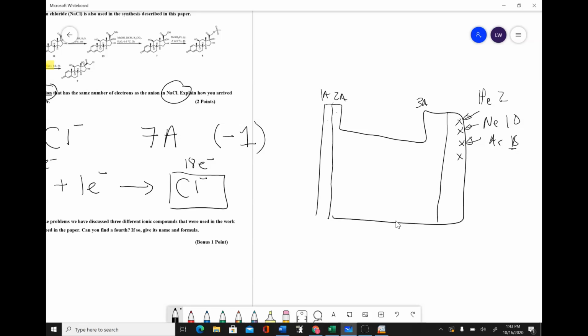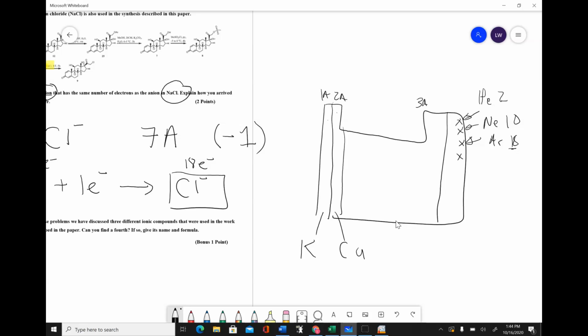There are a couple of options here. I'm just looking at my periodic table now. From group 1A, you could pick potassium, and then from group 2A, you could pick calcium.